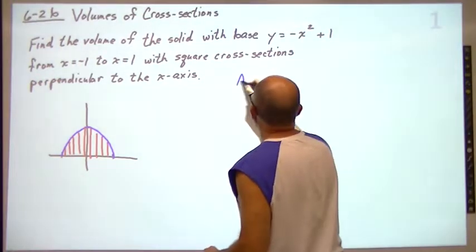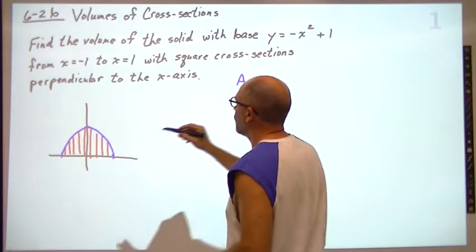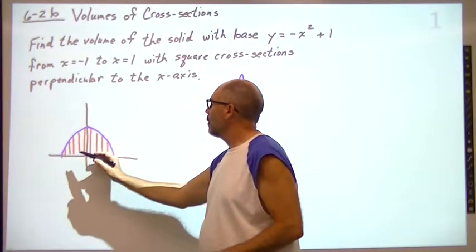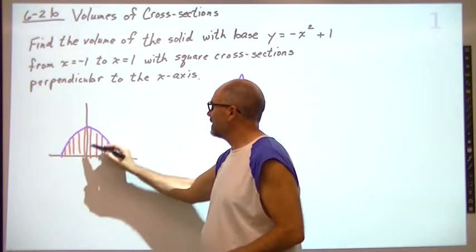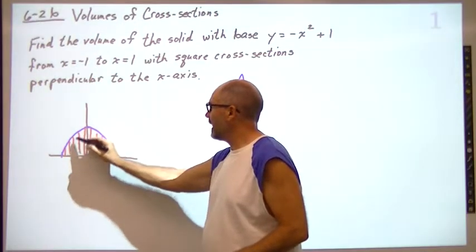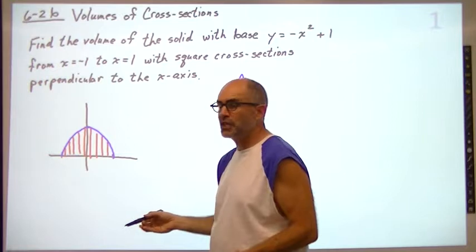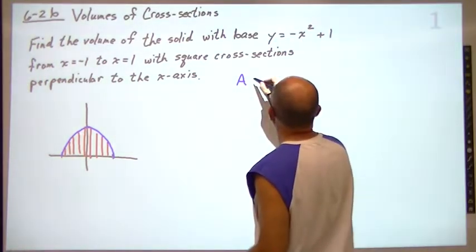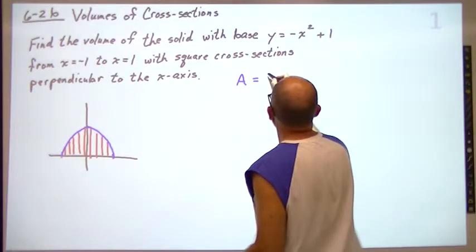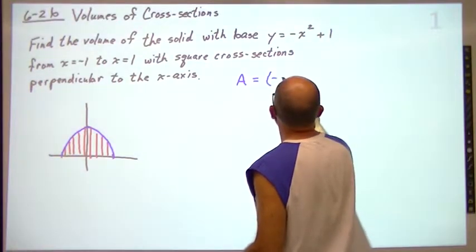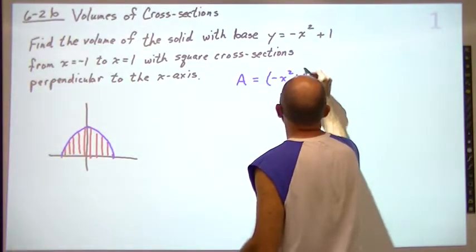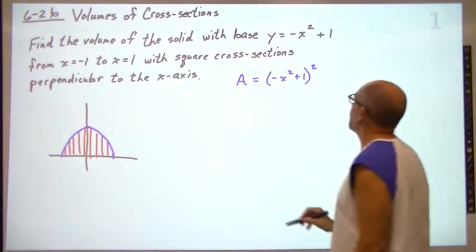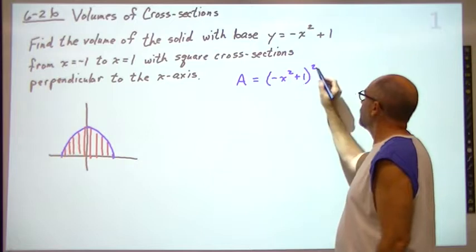Well, the area is going to equal side times side. Well, what's the length of each side? It's going to be the distance from the x-axis up to the function, which is going to be negative x squared plus 1. So that's the length of one side. The area is going to be this amount squared.